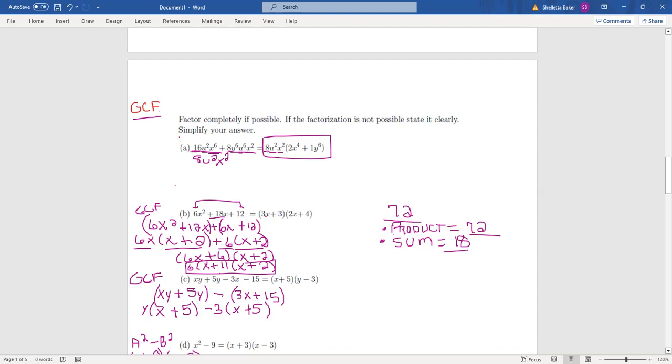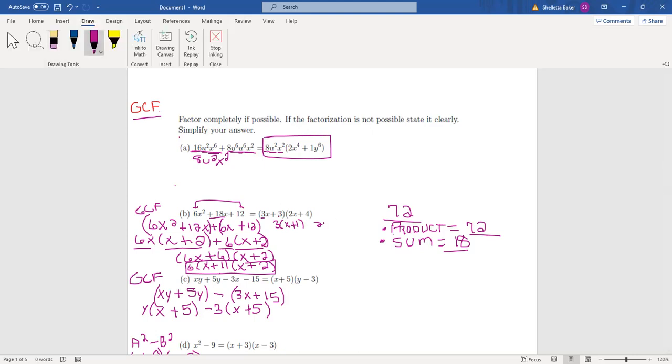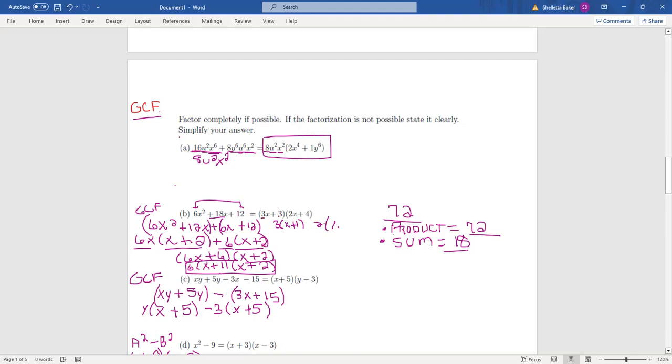Notice over here we have 3x plus 3 and 2x plus 4. From both of these, you can still factor. From that first term, I could factor 3. So I'll get x plus 1 in parentheses. And from that second term, I can factor out 2. So that 2 that we factored will leave us with x plus 1 in parentheses.